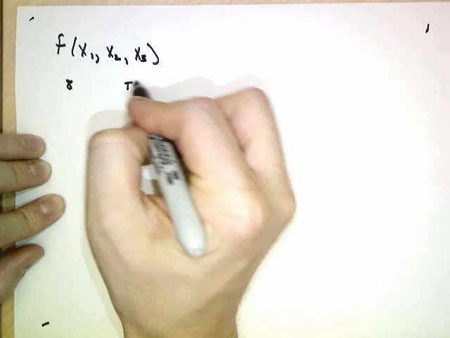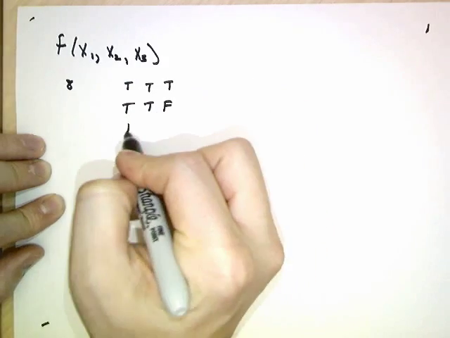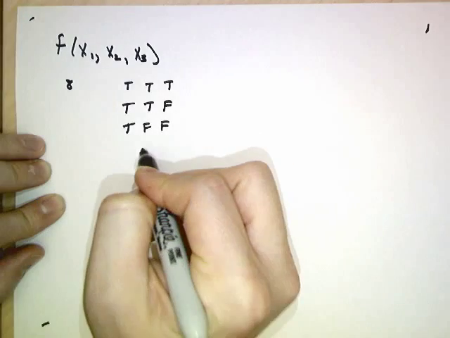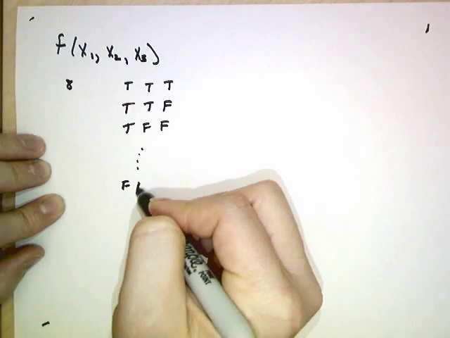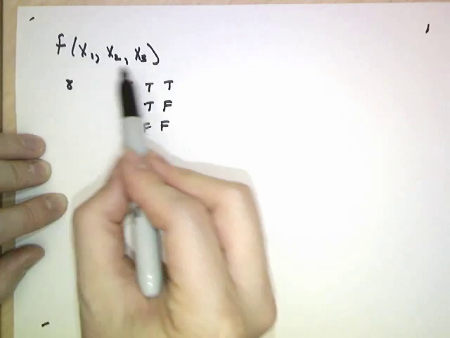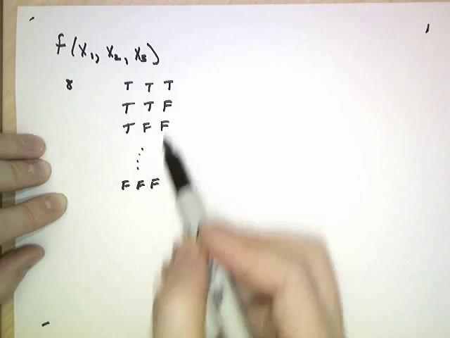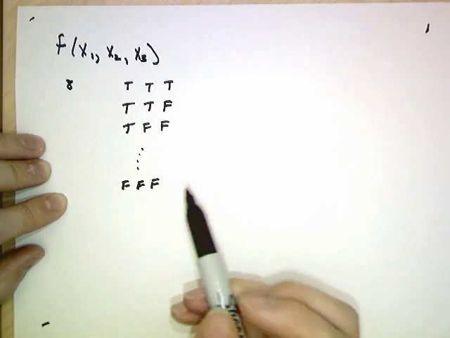For example, true, true, true; true, true, false; true, false, false; and so on and so forth, all the way down to false, false, false. So for any Boolean formula on 3 literals, there are 8 possible assignments we could give to the literals.